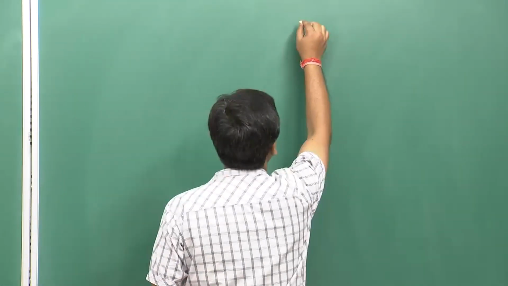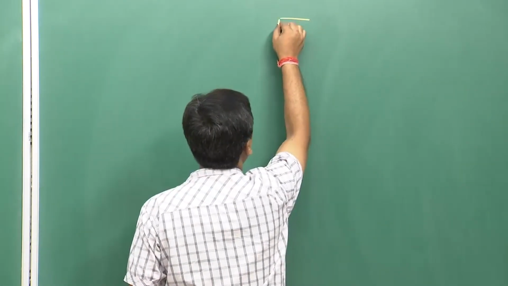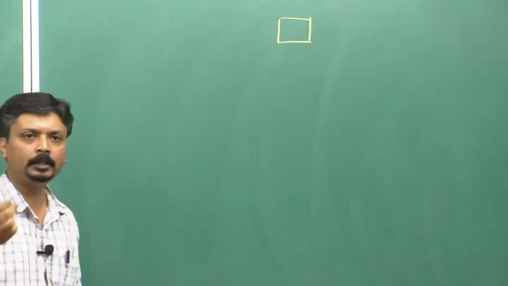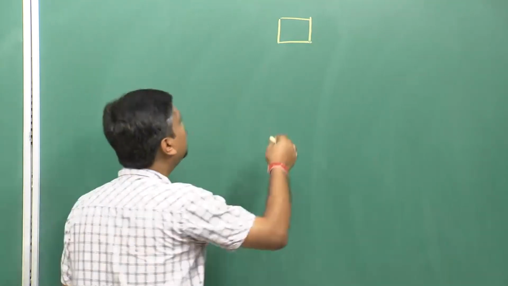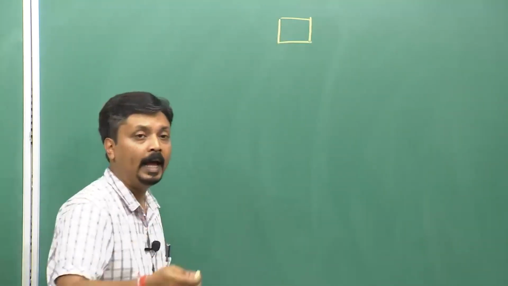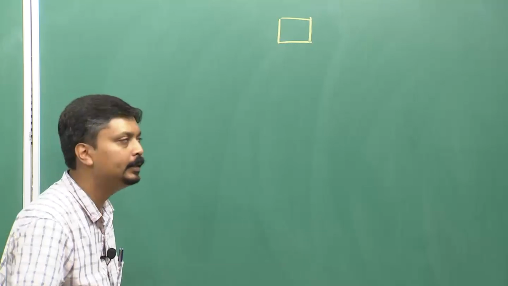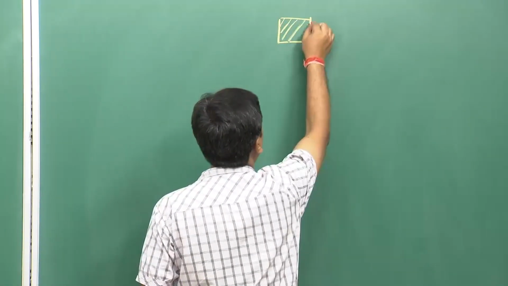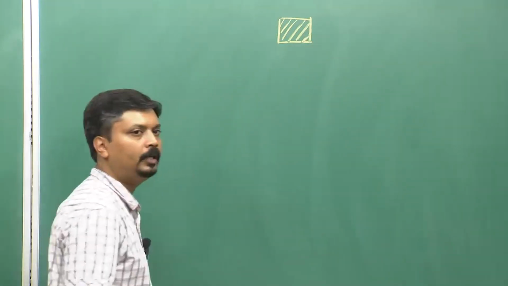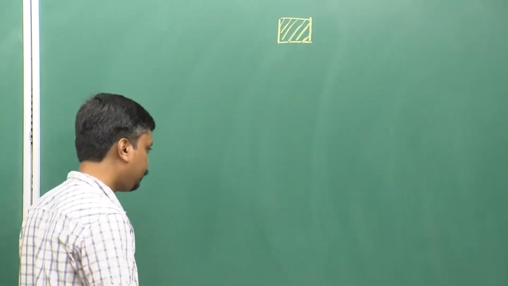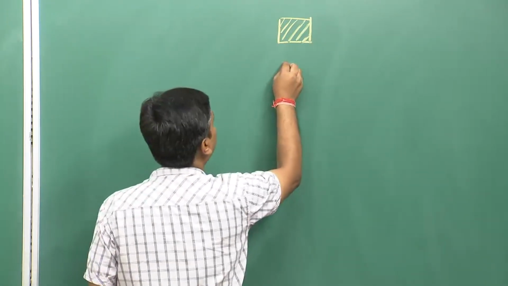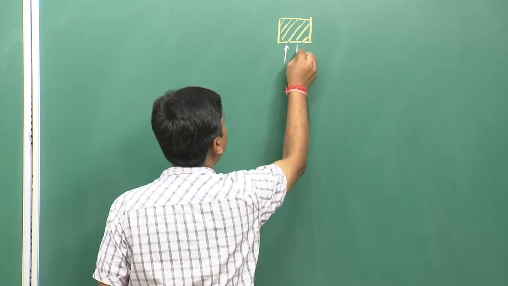So, first what we will do, we will take our active medium. Okay. It can be a small crystal of that particular medium, it can be gas if you are talking about a gaseous laser system. So, whatever that is, I have that active medium. Okay. So, next we pump it using some light source.